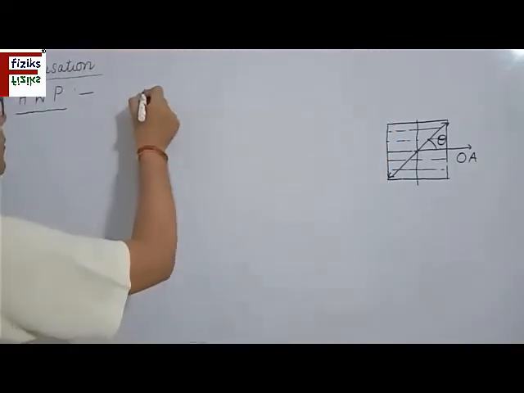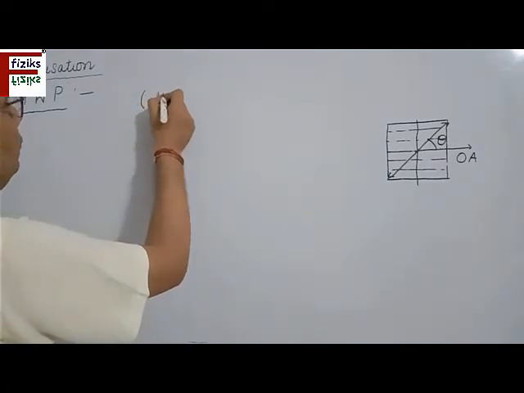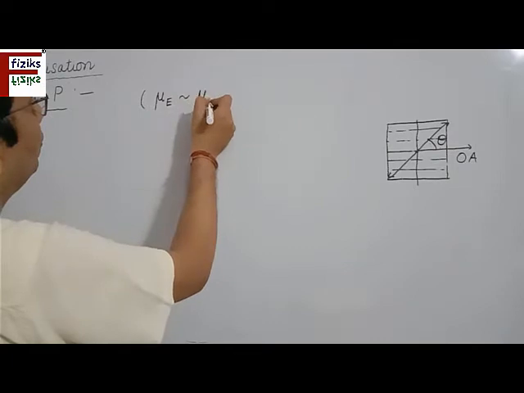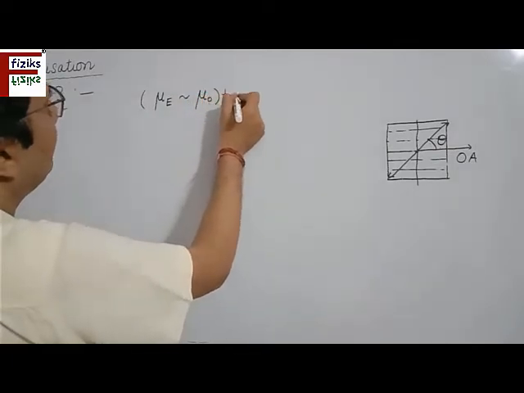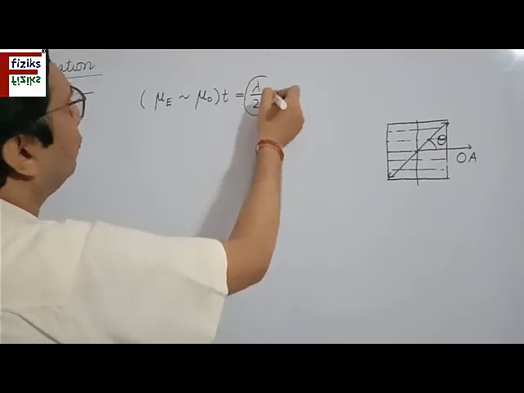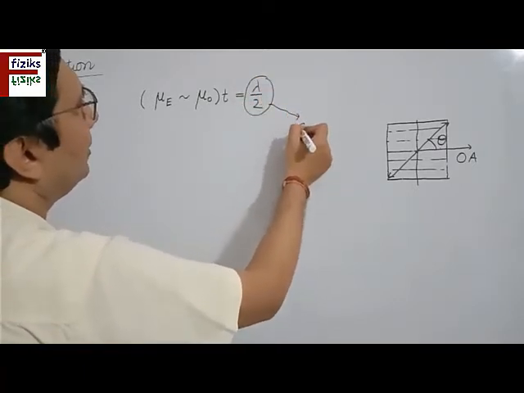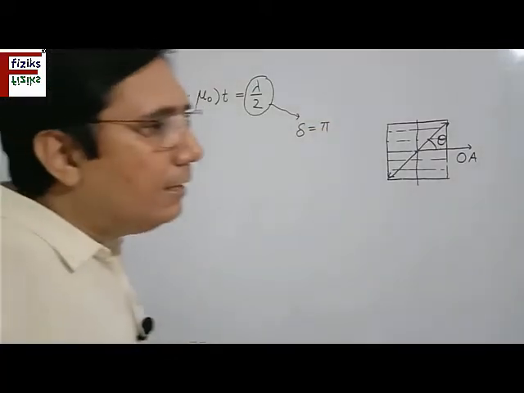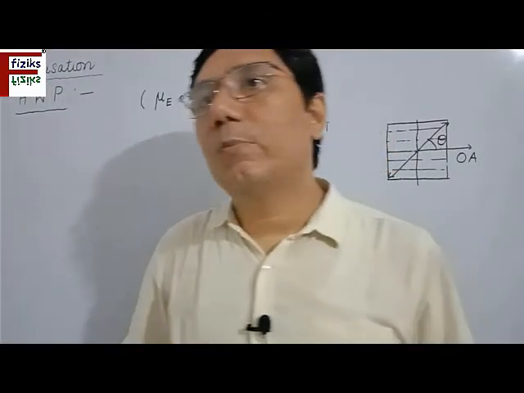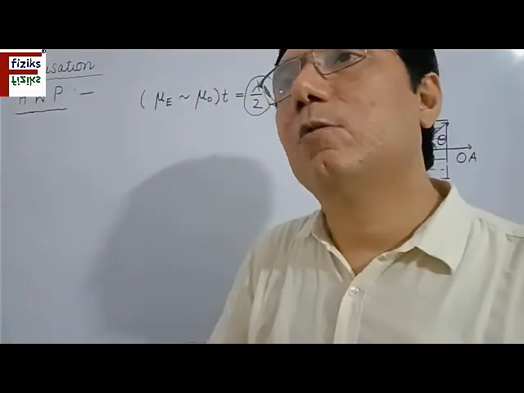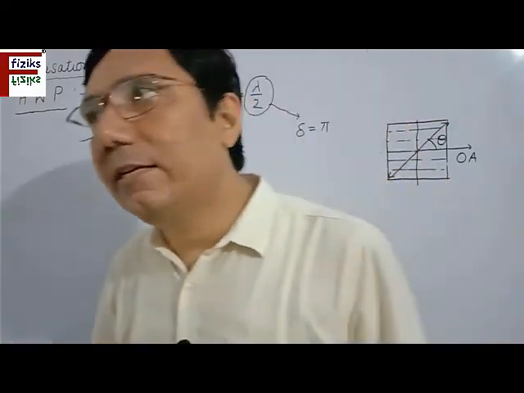So for a half wave plate, (mu E minus mu O) into T is equal to lambda by 2. And a lambda by 2 path difference corresponds to a phase difference of pi. So a half wave plate is a retarding plate which introduces a phase of pi between the O ray and E ray.